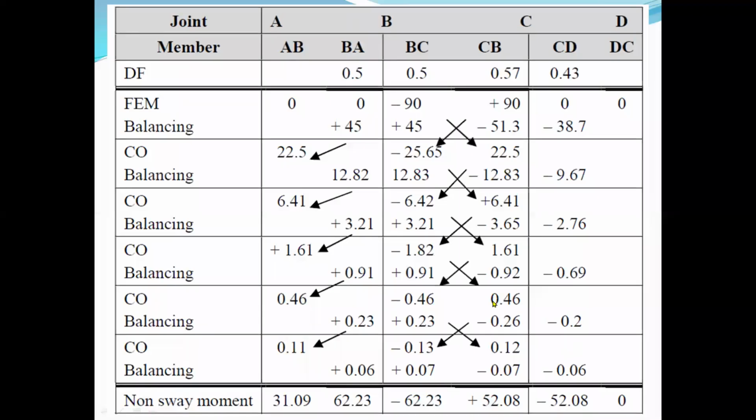Now the purpose of the stage 1 analysis is not just to calculate the moment due to load, but also to calculate the actual sway force on the frame. So to calculate the actual sway force on the frame, we have to draw the free body diagram of the column and calculate the reactions at the supports.